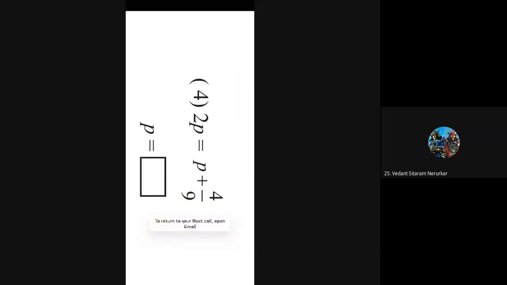This is 2p is equal to p plus 4 by 9. So what is the value of p? It is not necessary to find the value of p in decimals. Don't try to perform the division. Let that division be as it is. Did you get the answer?